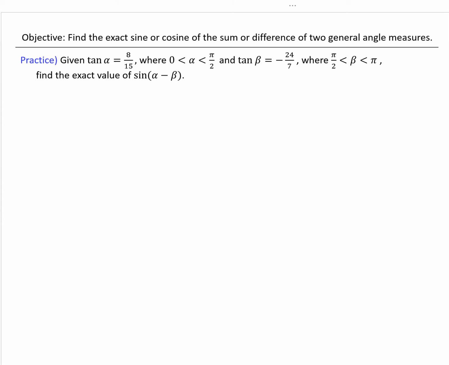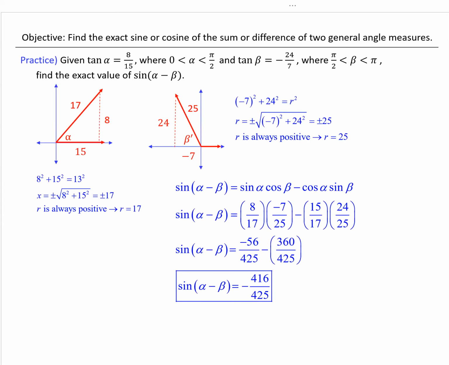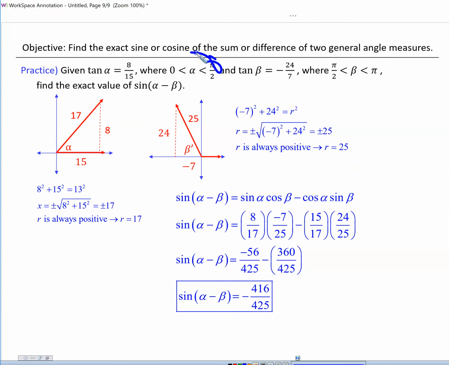All right, let's take a look at the result. For alpha, alpha is in the first quadrant where nicely everything is positive. And this Pythagorean triple, we haven't actually seen yet. This is an 8, 15, 17 triangle, but it is another Pythagorean triple, and everything is positive. Tangent of beta. All right, let's see how you did on this one. Beta is in quadrant 2.